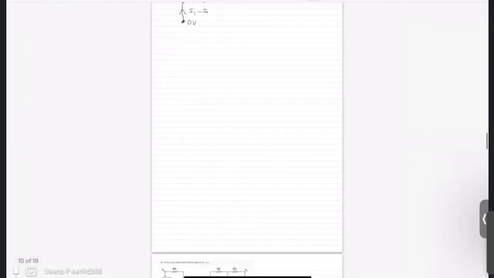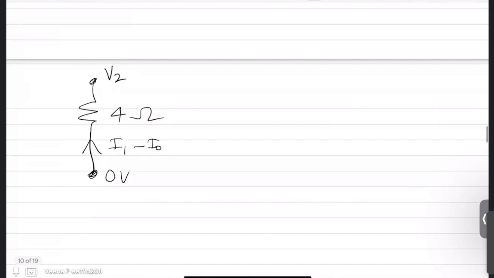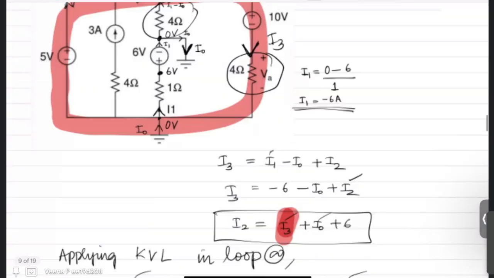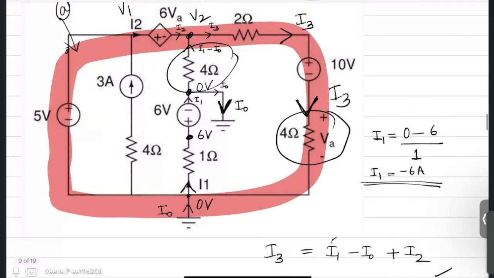So, this is your V2. Now, here is a controlled voltage source, plus minus of value 6 VA, and this is your V1. Now, you see, your V1 is nothing but 5 volts because here it is 0 volts, here it is V1.